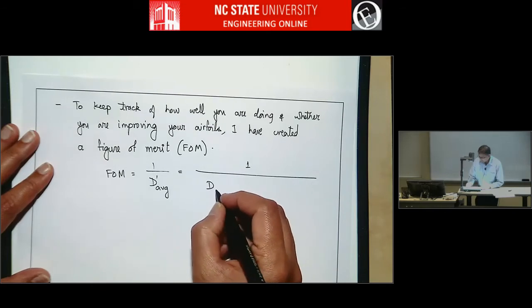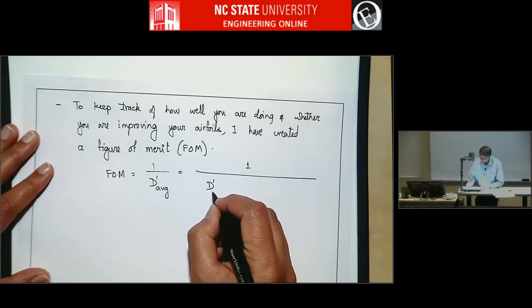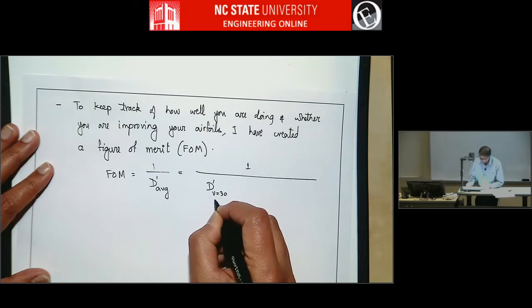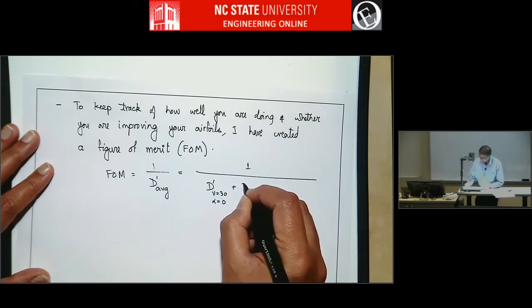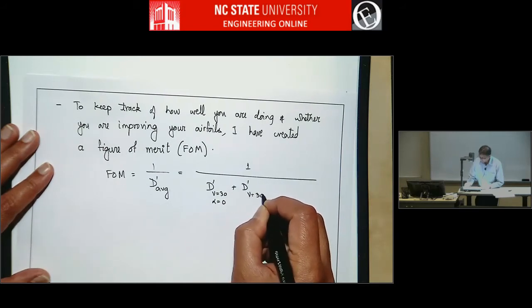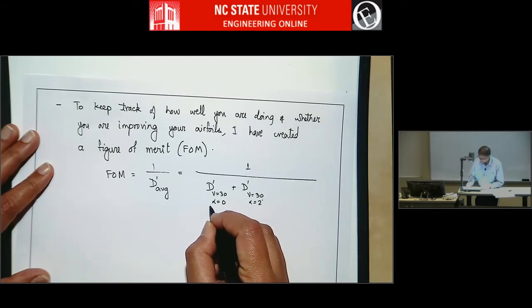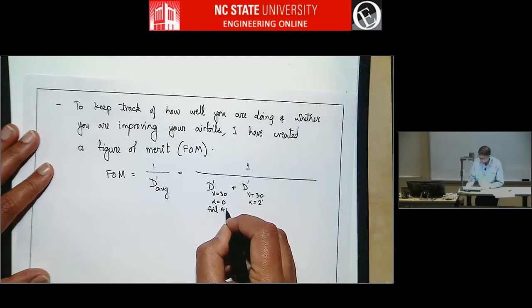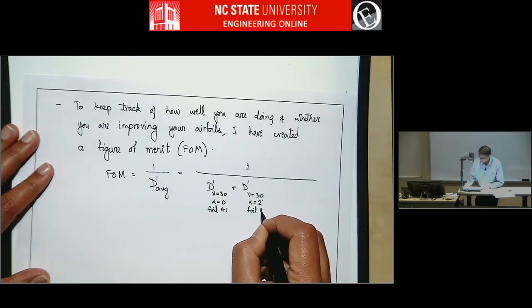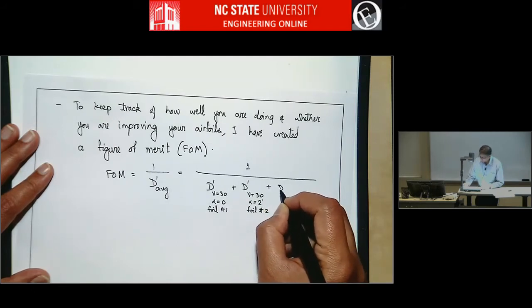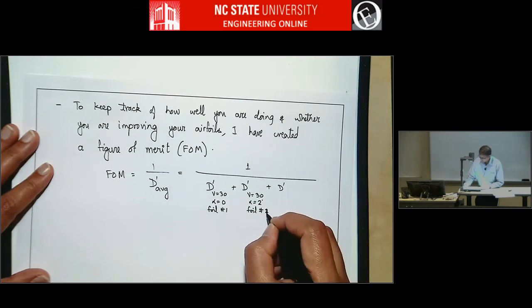1 over d prime average is d prime, let's say V equals 30, alpha equals 0, plus same thing, V equals 30, alpha equals 2, and this is airfoil 1, foil number 1, plus this is also foil 1.